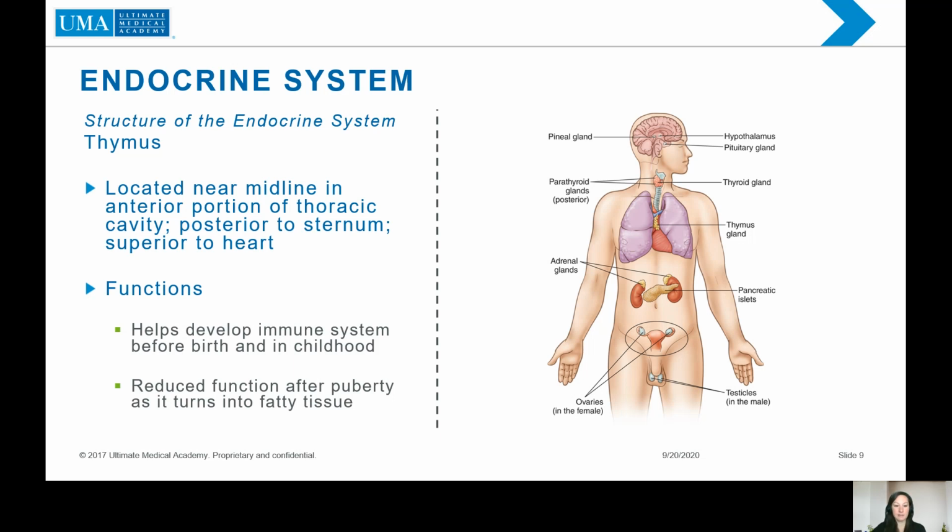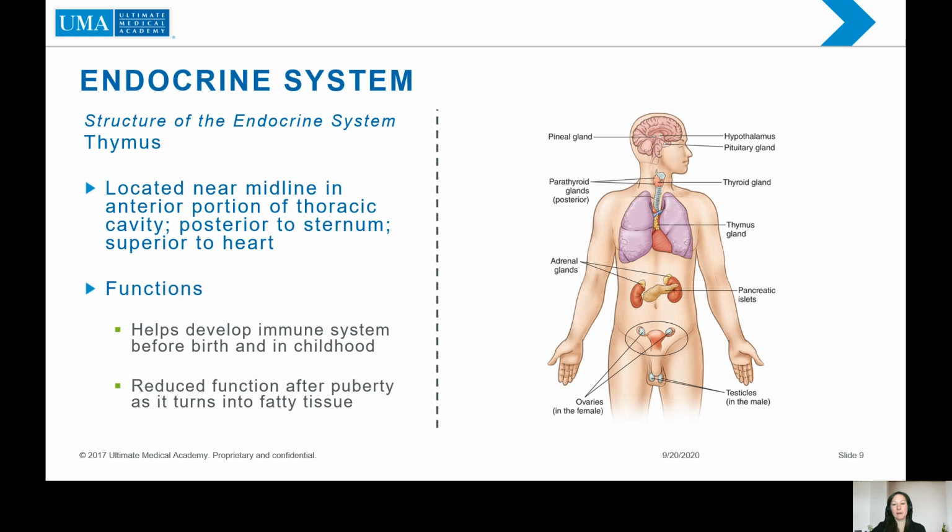So this gland, the thymus gland, helps develop the immune system before birth and in childhood. So it's going to help out your immune system. And it reduces function after puberty as it turns into fatty tissue.